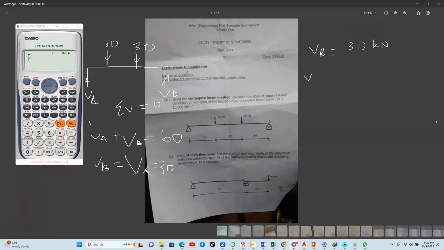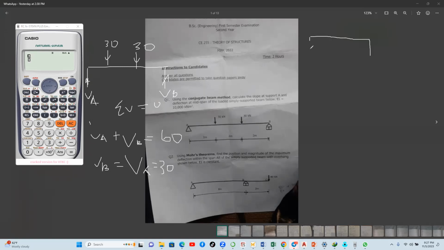You now have your reactions. Then the second step is to determine your moment. So in determining moment, this is how it is.